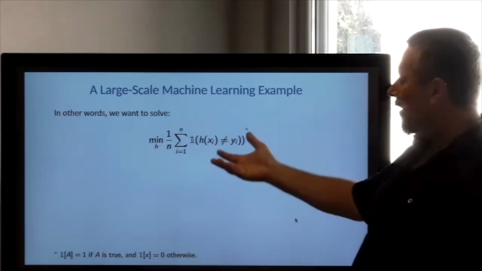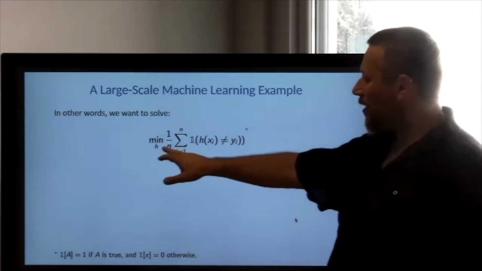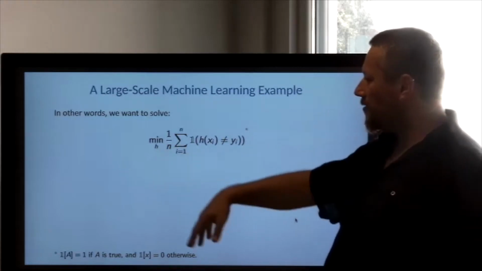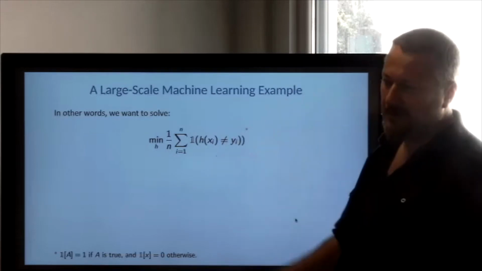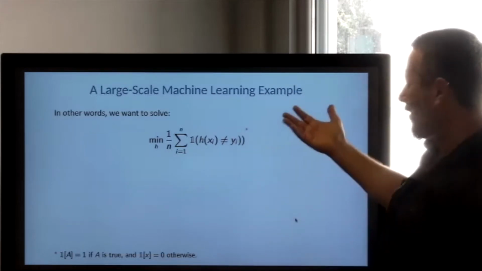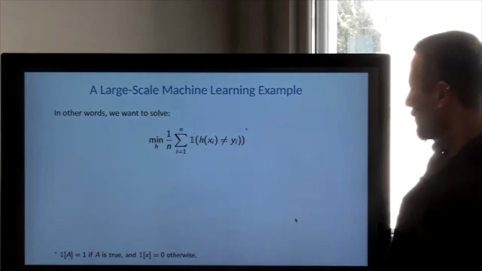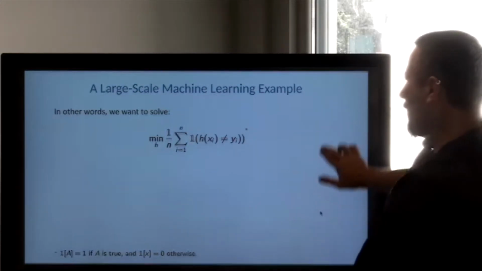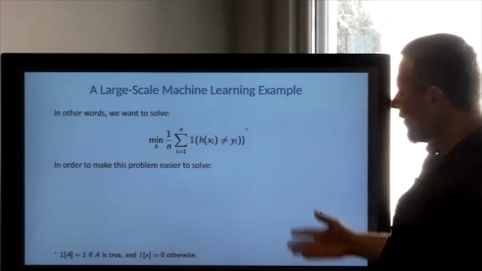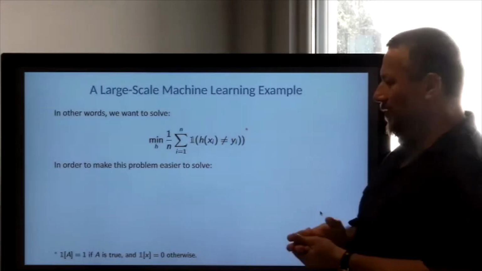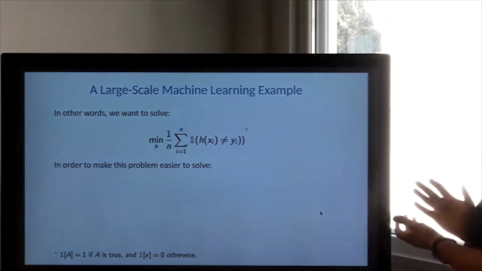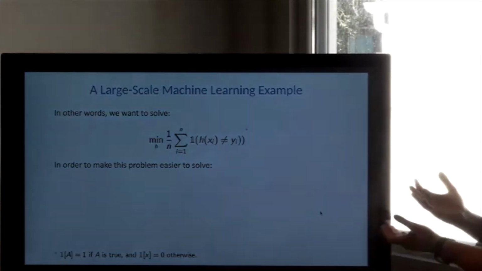And then we look for the prediction function h such that it minimizes this function. So minimizing means fewer and fewer errors. That's our problem. But when you have a function like this, it's not continuous, not differentiable. It's not a nice function, and it's not easy to minimize those kinds of functions.